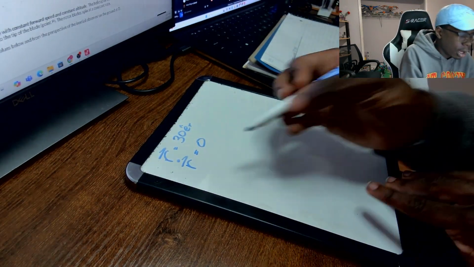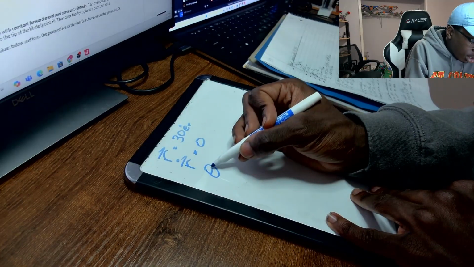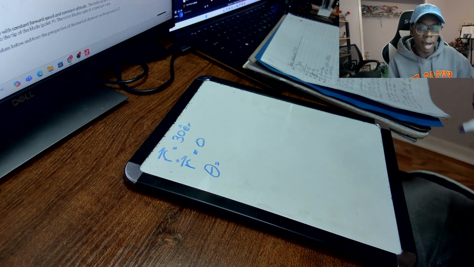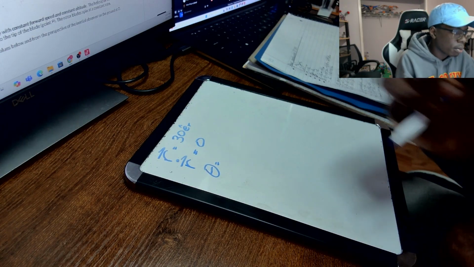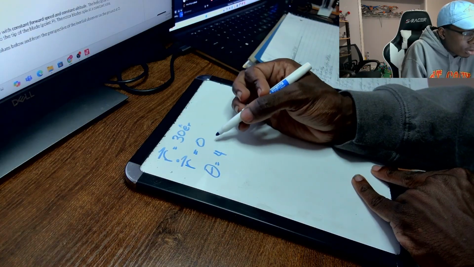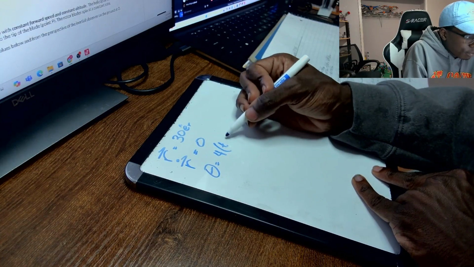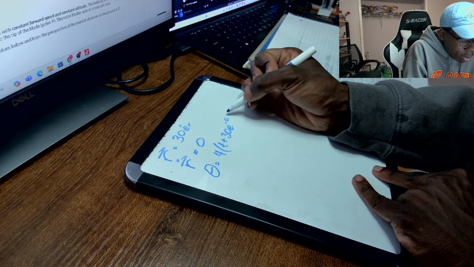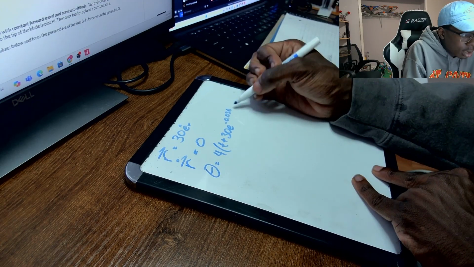And then I also have an equation that gives me my angle as a function of time. So I can write my angle theta is equal to 4 times t plus 30 e to the negative 0.03 t minus 30.